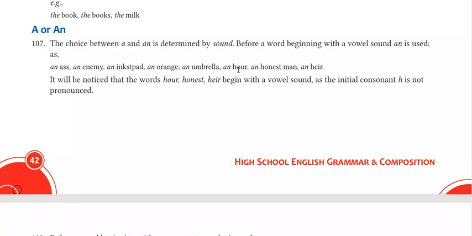So these words have initial sounds that are vowel sounds. And whenever a word starts with a vowel sound and is singular countable, we use an with that vowel sound. It will be noticed that the words hour, honest, heir begin with a vowel sound as the initial consonant H is not pronounced. So the H here is silent, and the initial sounds become vowel.